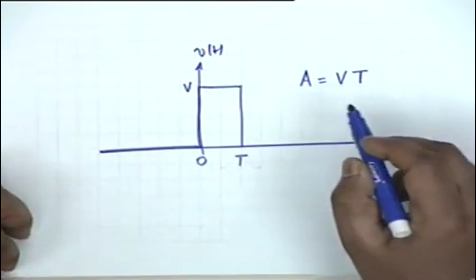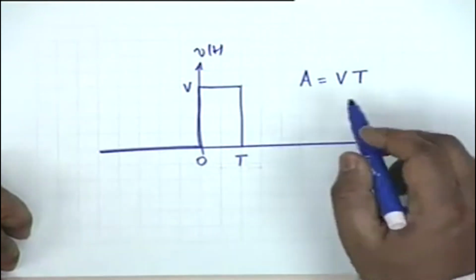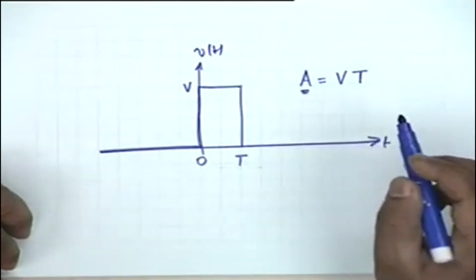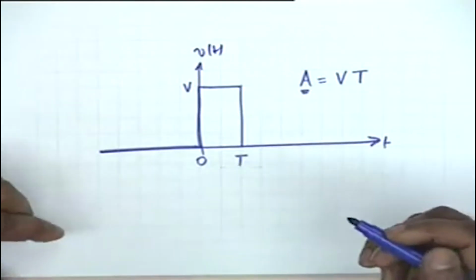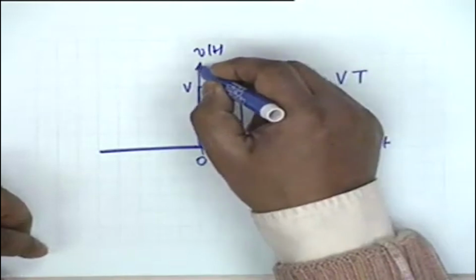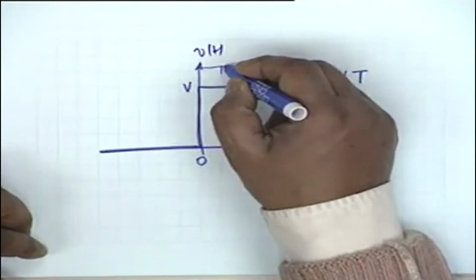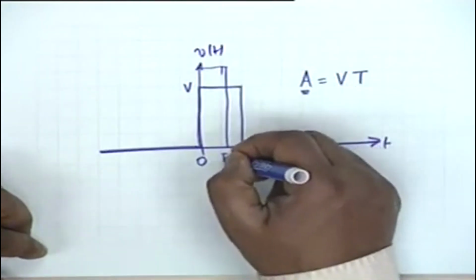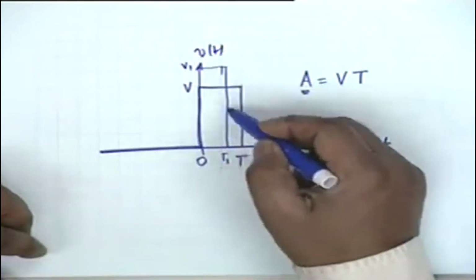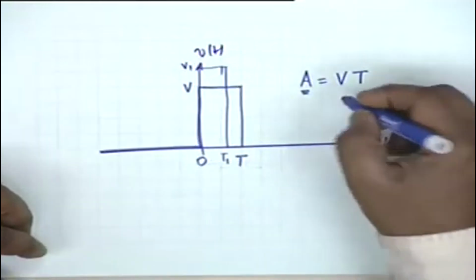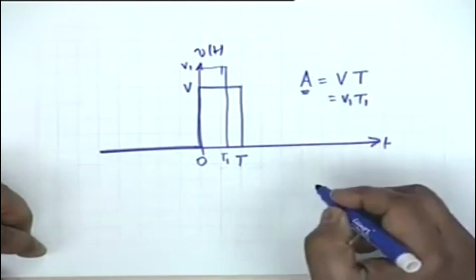Now suppose I keep the area constant, allow capital T to decrease, then naturally when capital T has become T1, the voltage will become V1, such that this area remains a constant. Area is a constant, V1 T1.